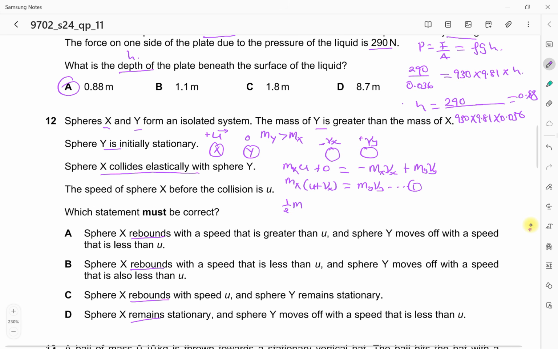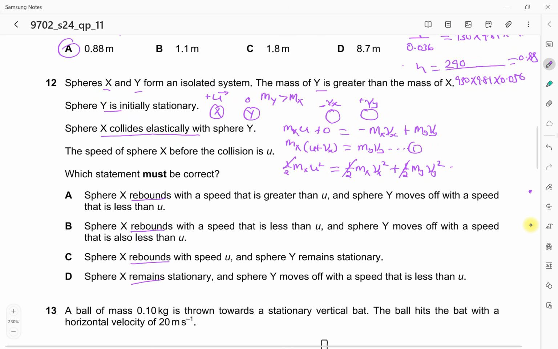Then when I consider conservation of kinetic energy, total kinetic energy before is going to be a half mx times u squared, because the other one was at rest, its kinetic energy is 0. This should be equal to the total kinetic energy after, which will be a half mx times vx squared. Of course, we don't put a minus here because this is a scalar quantity. Then plus a half my times vy squared. So the half has cancelled out. Then I'm going to collect the mx together.